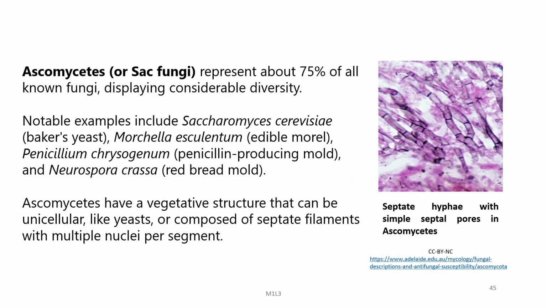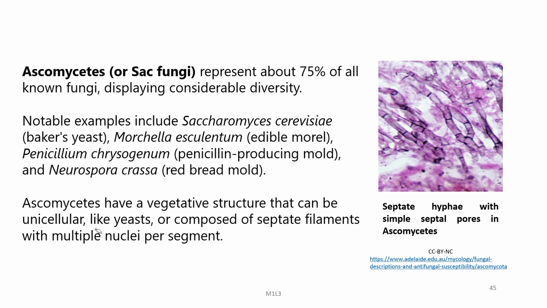Ascomycetes, or sac fungi, represent about 70% of all known fungi and display considerable diversity. Some notable examples include Saccharomyces cerevisiae, which we now call the baker's yeast, then Morchella esculenta, then we have Penicillium chrysogenum and Neurospora crassa, which is a model organism like Saccharomyces cerevisiae.